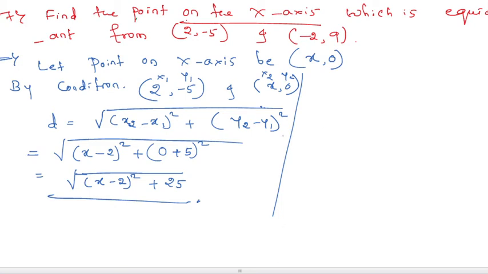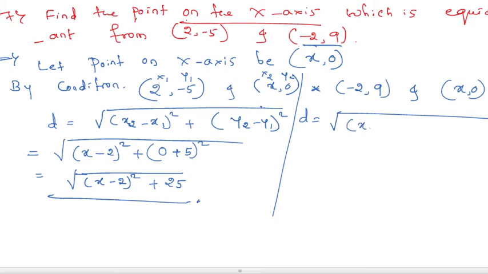Then consider another one. Consider another point on the x axis, x comma 0, and take this point minus 2 comma 9. The points x comma 0 and minus 2 comma 9 are equidistant. So, the distance between the points is given by the formula square root of (x2 minus x1) whole square plus (y2 minus y1) whole square.